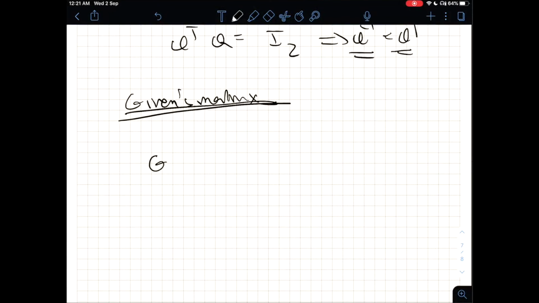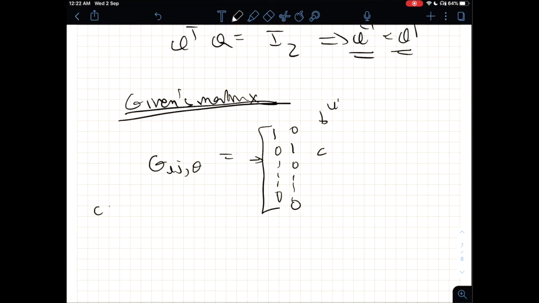So this is one choice here. I'll call it Givens(i, j, theta). Choose the first column to be the first column of the identity matrix, the second column to be the second column of the identity matrix, and so on until you reach the ith column, where the i cross i entry I am writing as cos theta, and the (i, j) entry I am going to write as s, and all other entries are 0.